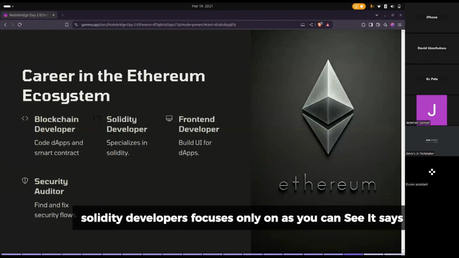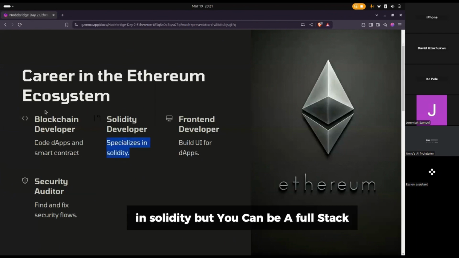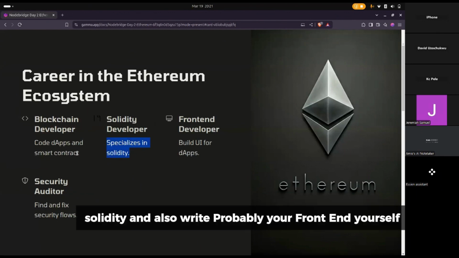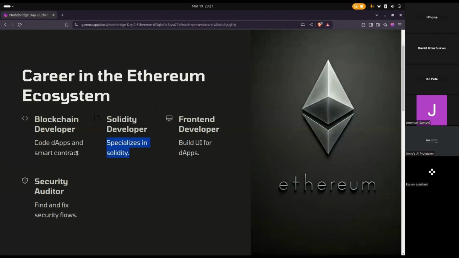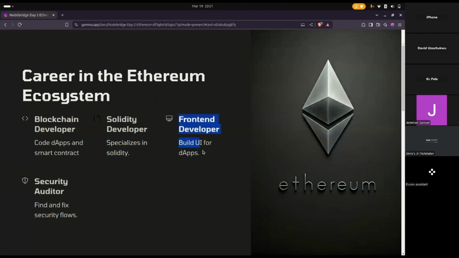Solidity developers focus only on Solidity, but you can be a full stack developer. You write both Solidity and probably your front end yourself. But you can also be a front end developer only, with nothing to do with Solidity.